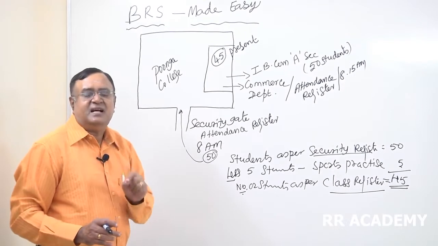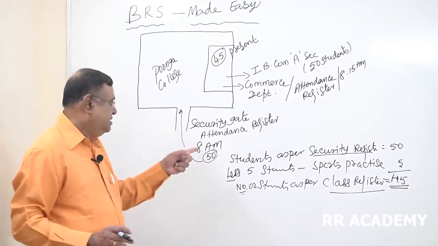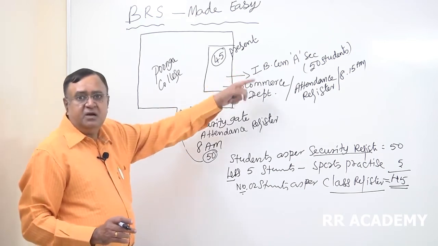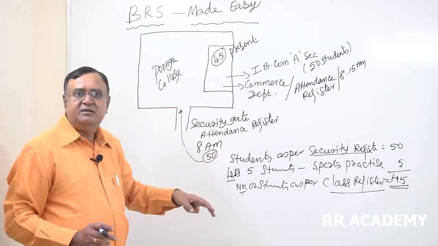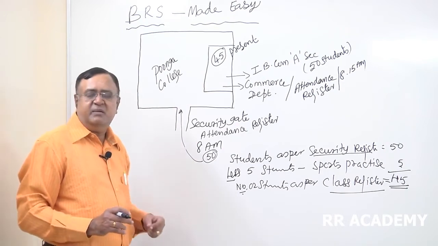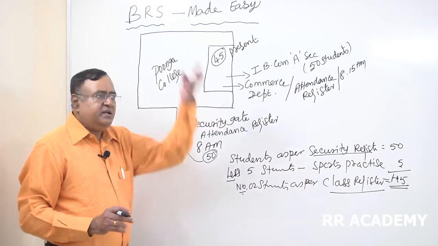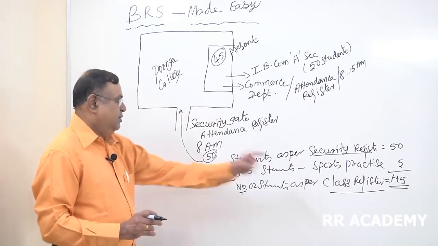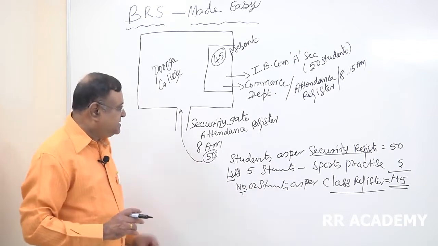Why is there a difference? 50 entered, only 45 present. Within 15 minutes, where have they gone? I want to know, because our college name is getting affected. So now, that is a correct statement.